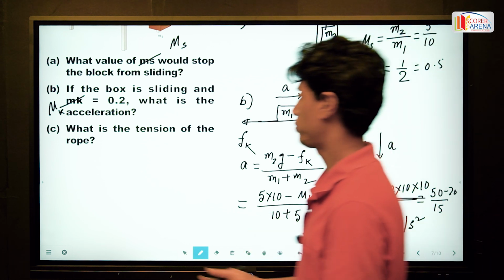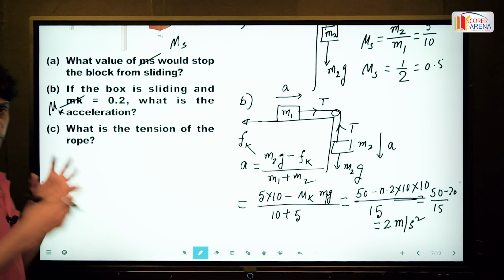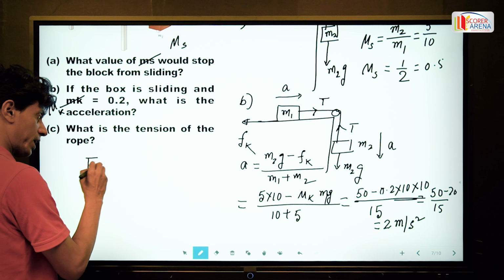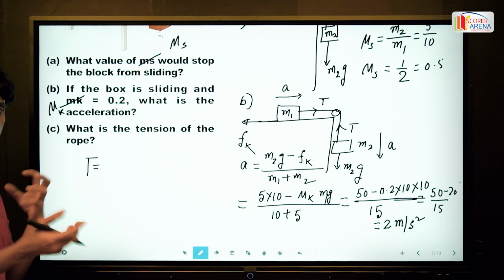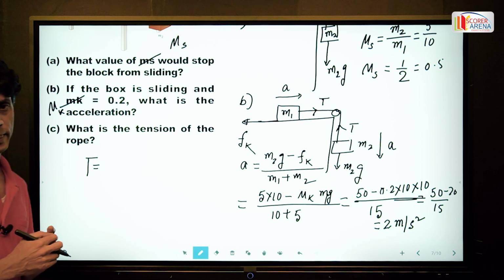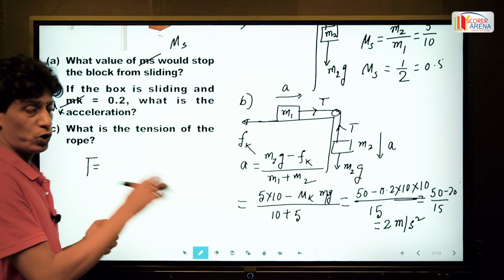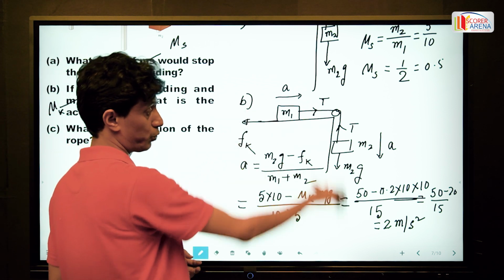And the third question, what is the tension of the rope? Here, in the case of tension, particularly for competitive exams, you can use the superposition principle. Tension is an internal force here. It has no contribution to the motion of the two bodies.